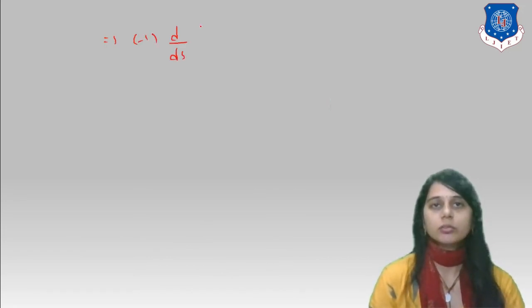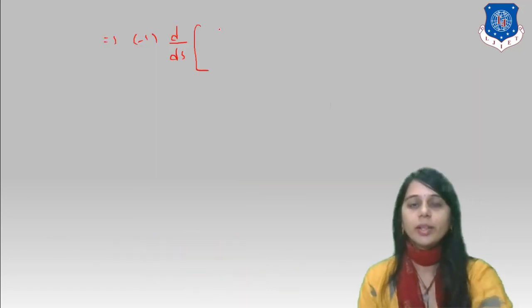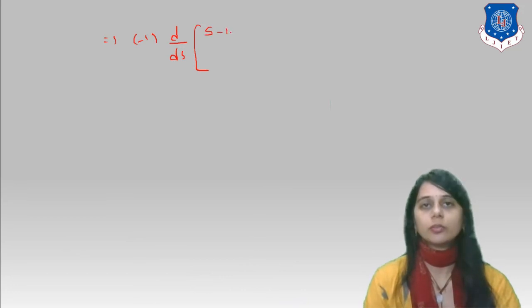What is your equation? It is minus d by ds of s minus 4 upon s square minus 8s plus 20.